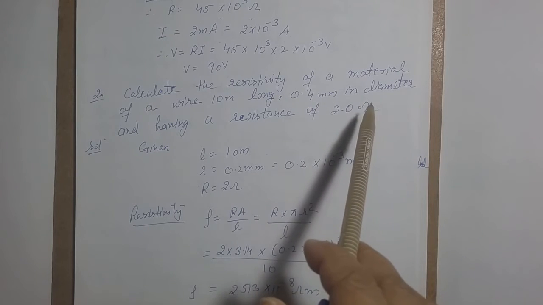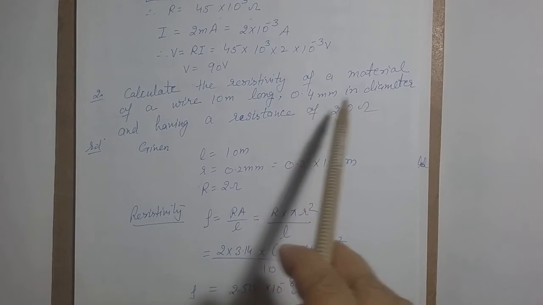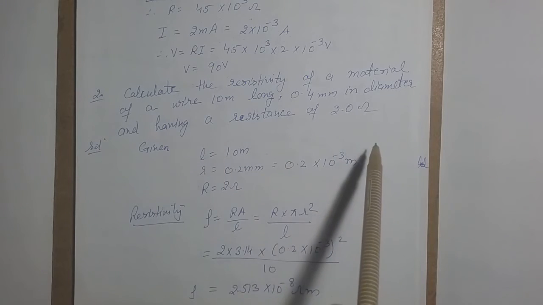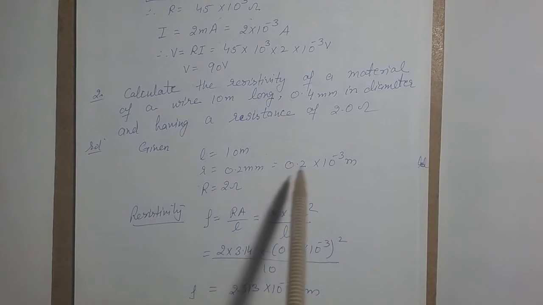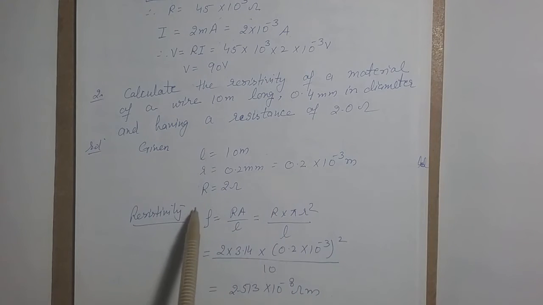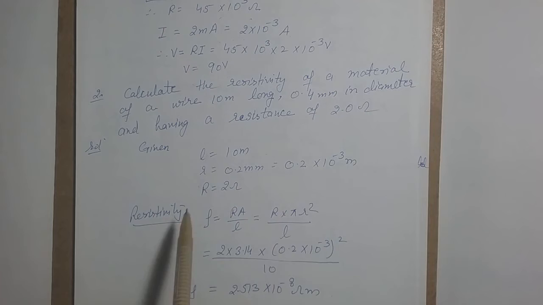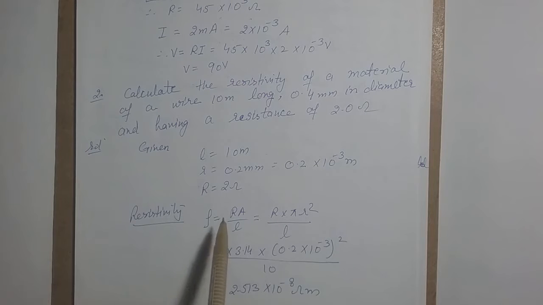Using this diameter we can easily find the area of the wire, and the resistance is 2 ohm. So these are the factors given. We know the formula for resistance is R equals rho L upon A, and from that the resistivity is rho equals R A by L.